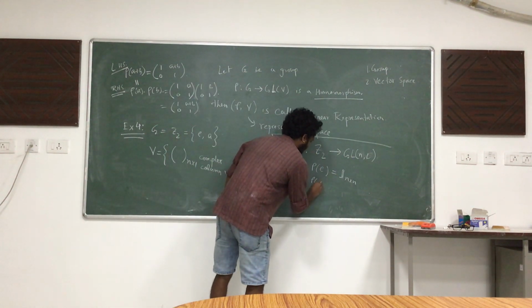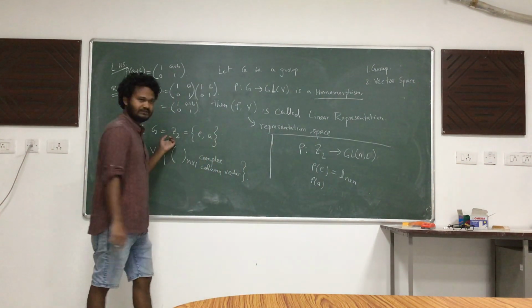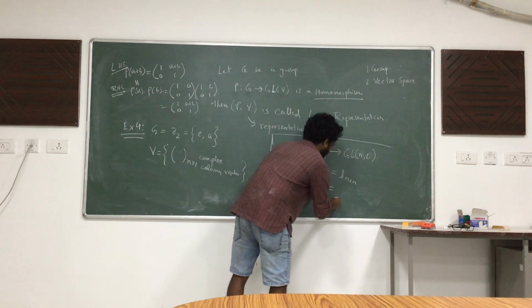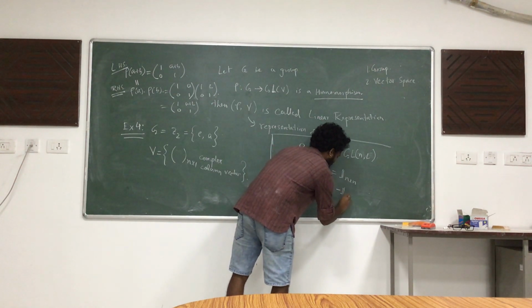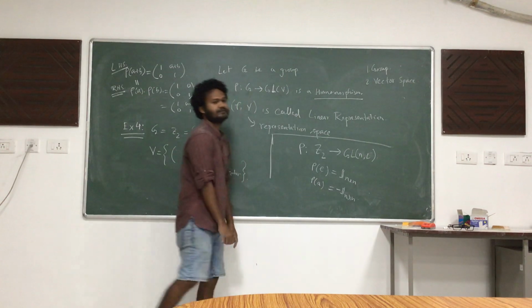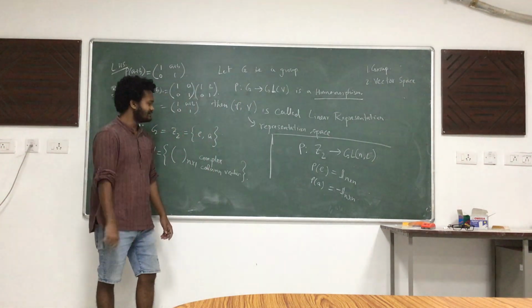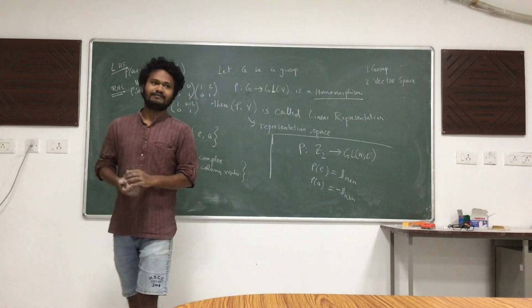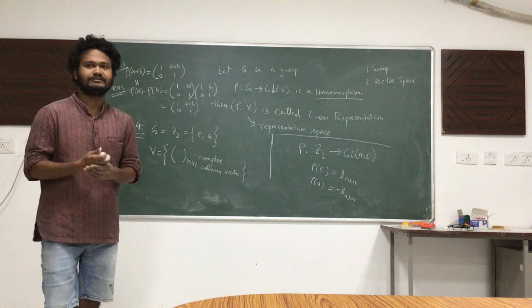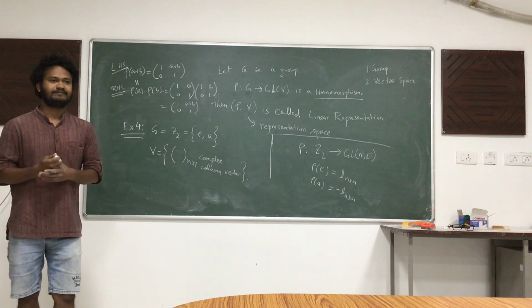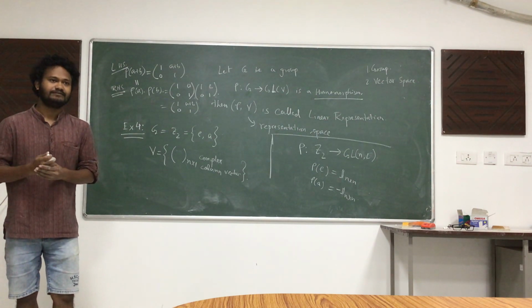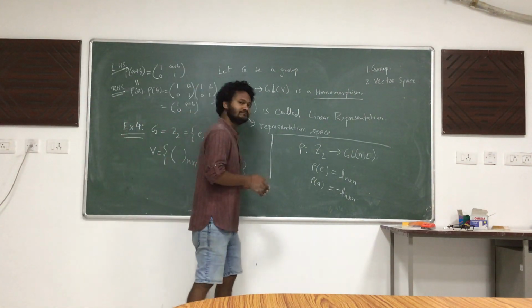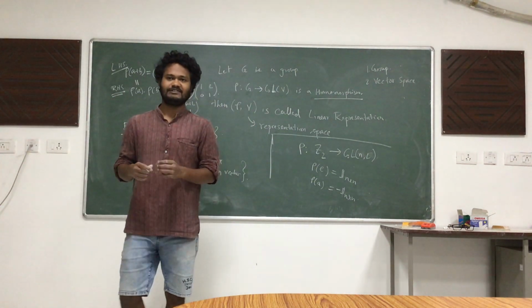And I have one more element from Z2, and I am sending it to minus identity. Now let us check whether this is a representation or not. Is it a representation?